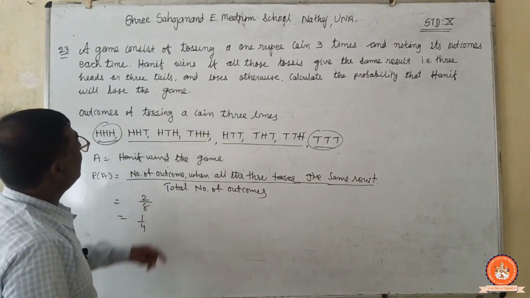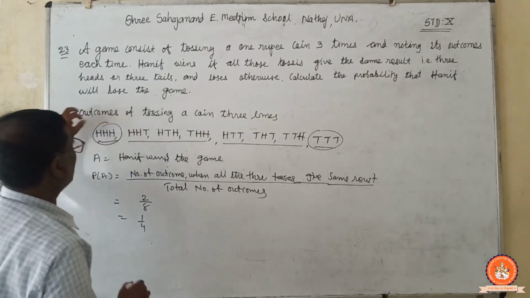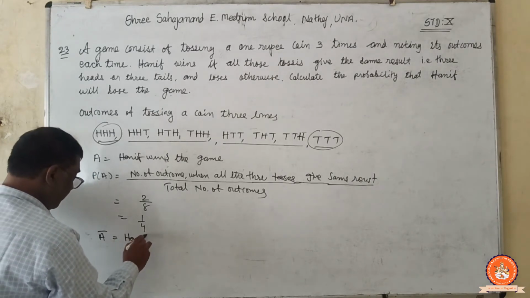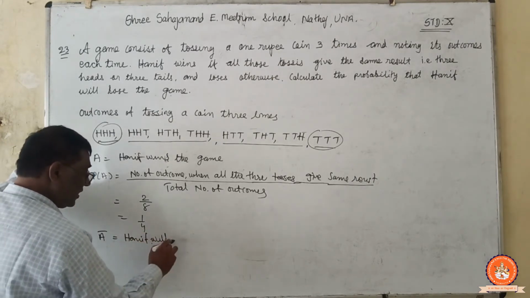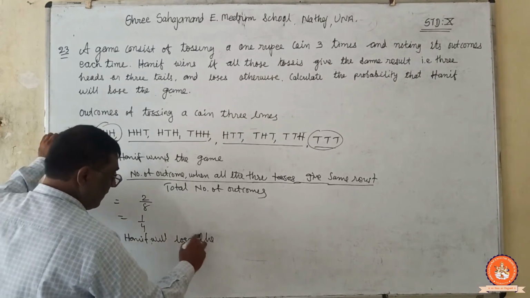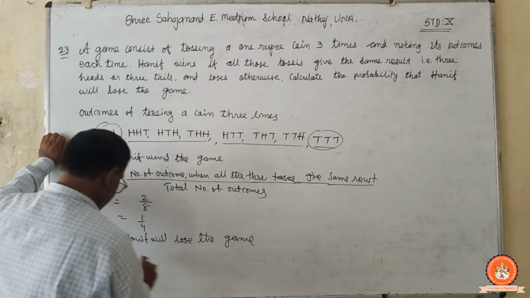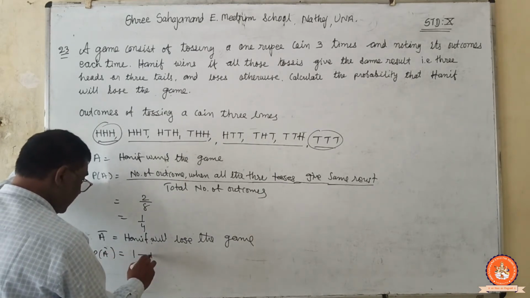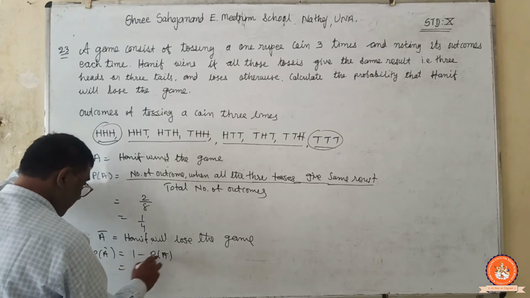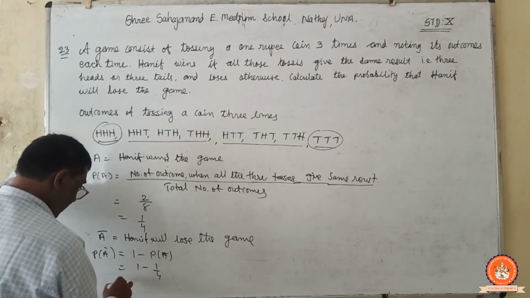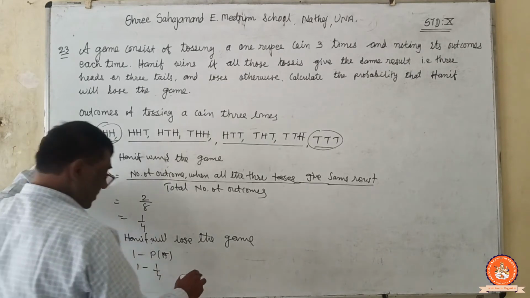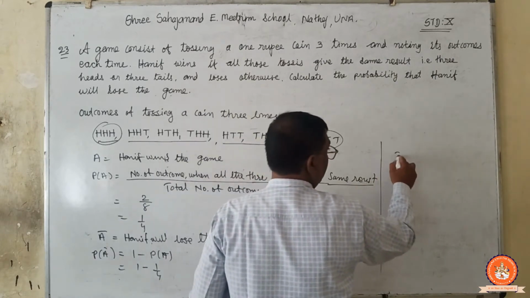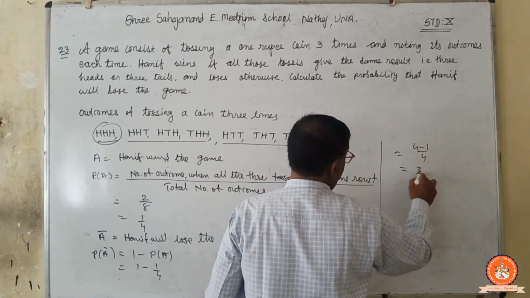But my friend, we have to find the probability that Hanif will lose the game. So A-bar will be the event that Hanif will lose the game. P of A-bar is equal to 1 minus P of A, that is 1 minus 1 upon 4, it's 4 minus 1 upon 4, that is 3 upon 4.